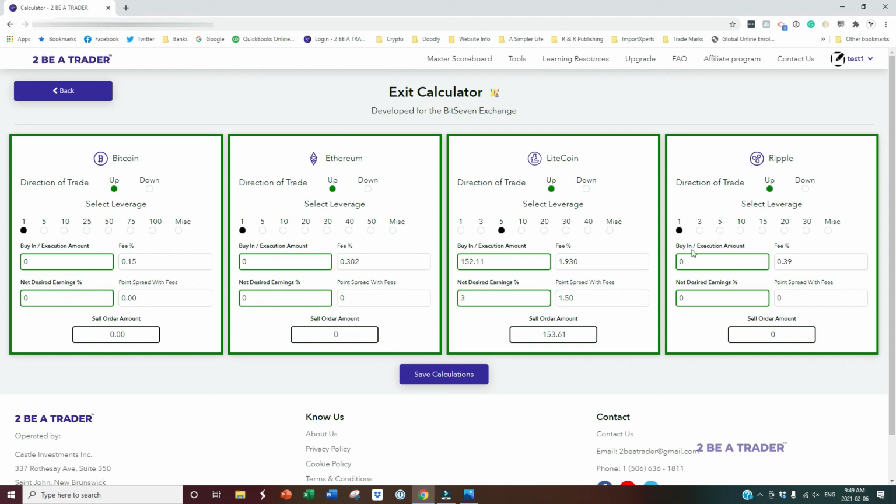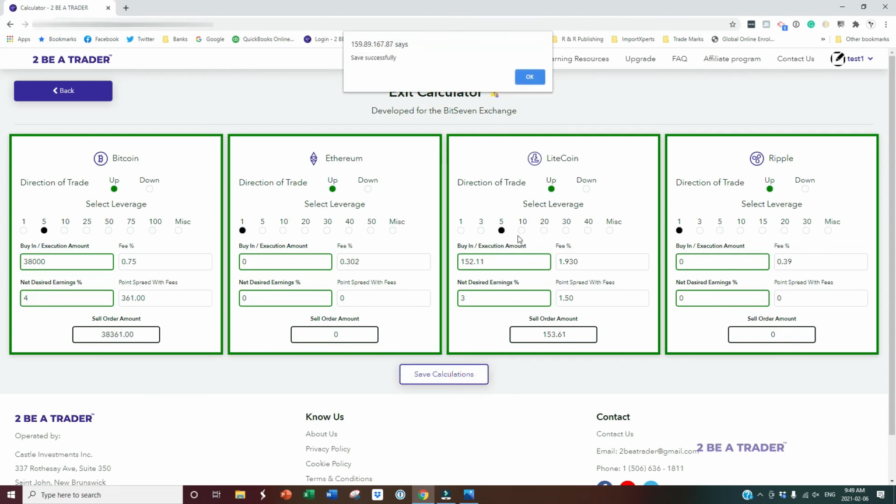The other thing you can do with this calculator is you can have several trades on the go. You could have a Bitcoin trade on the go in the BitSeven platform, and you could have a Litecoin. If I was doing Bitcoin at 5 and I'm at 38,000 and I want 4% on that one, I can save my calculations.